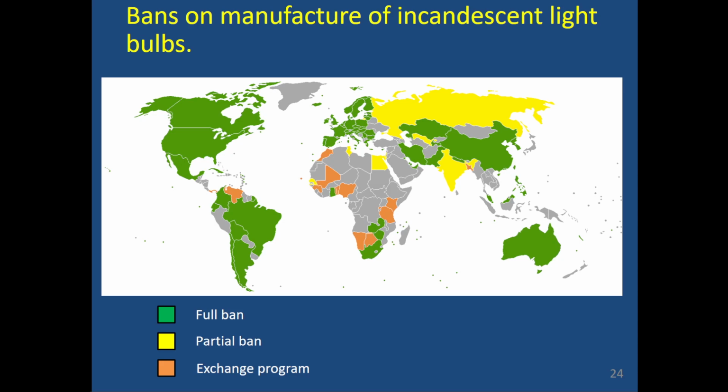Then you can bring an old light bulb, and the government will give you an LED light bulb in exchange, and then you can use that LED light bulb. So that's one idea. And this is probably very common now because the math is so good.